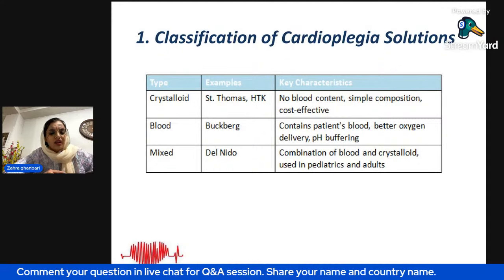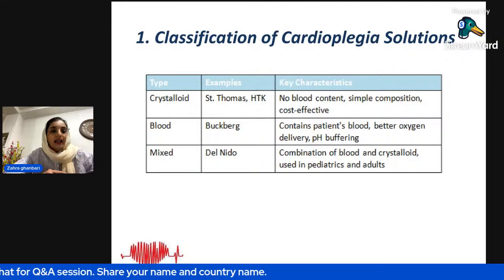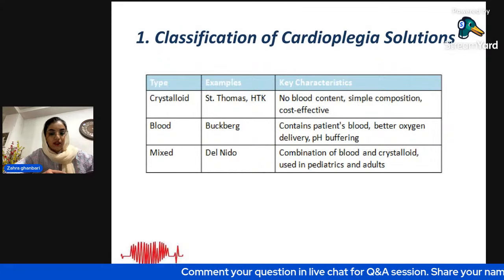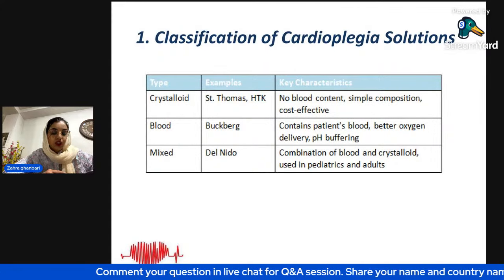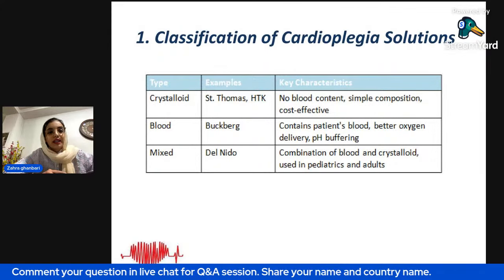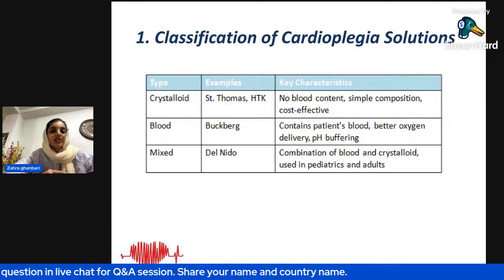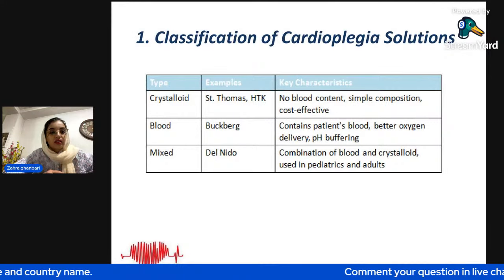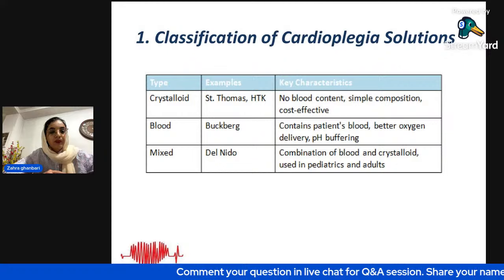Other advantages are that they are easy to prepare and standardize. The disadvantages are no oxygen carrying capacity and less effectiveness in long ischemic periods. Examples of this type are St. Thomas, Custodiol (HTK), and Bretschneider; all of them are crystalloid solutions.